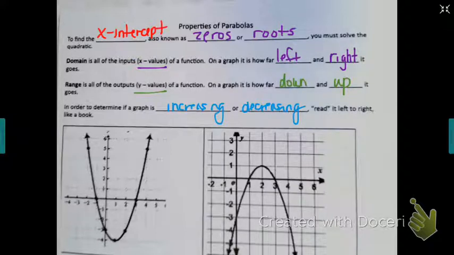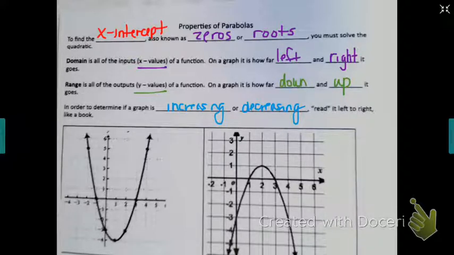Okay? So when you're looking at a graph, like if I was looking at a line that started down here and went up, okay, that would be increasing because you start on the left and then you go up. If I did a line that started way up at the top and then went down, that would be decreasing because starting up here, it comes down.